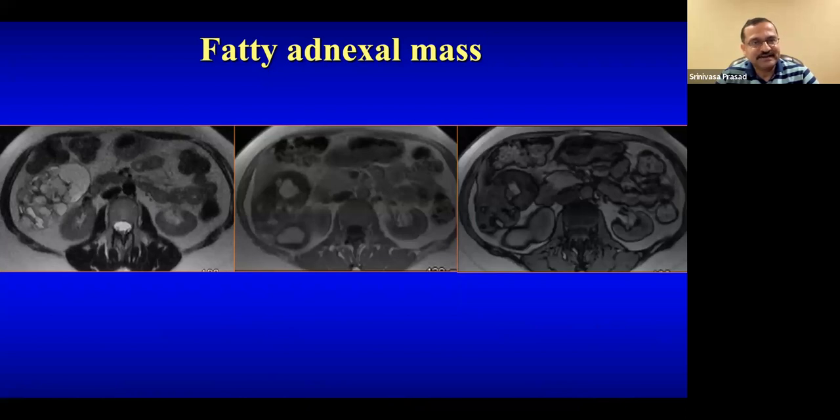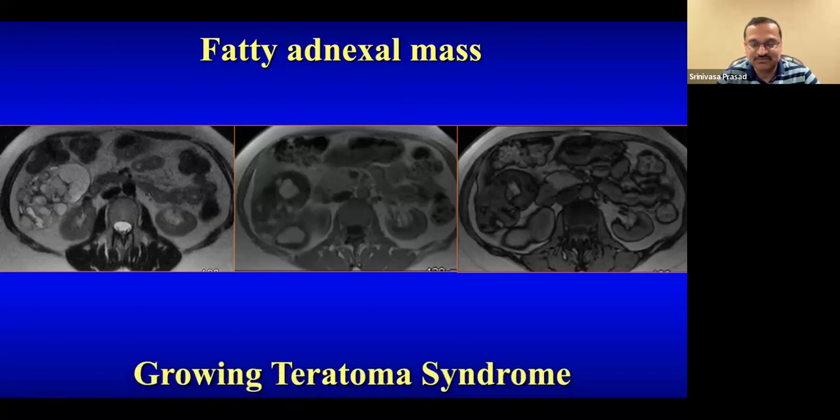Not all fatty adnexal masses or peritoneal masses end up being one of the three categories of mature, immature, or malignant teratoma. Here is a patient with, as you see on the out-of-phase images, India ink artifact, and clearly this patient had a fatty mass in the peritoneum, and this was a patient who had a prior surgery for immature teratoma in the pelvis and who subsequently developed so-called mature teratomas.